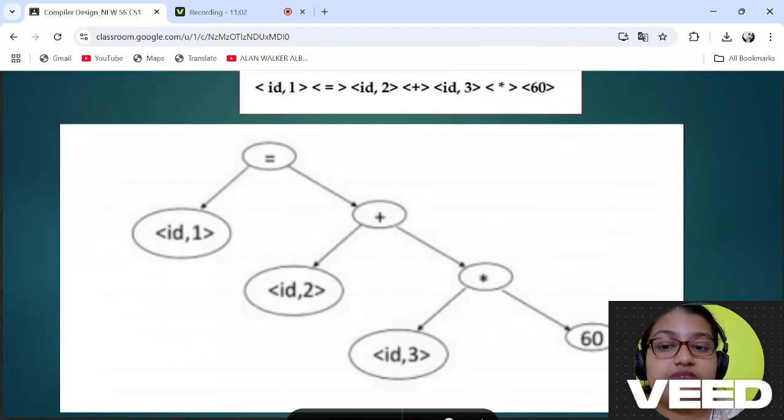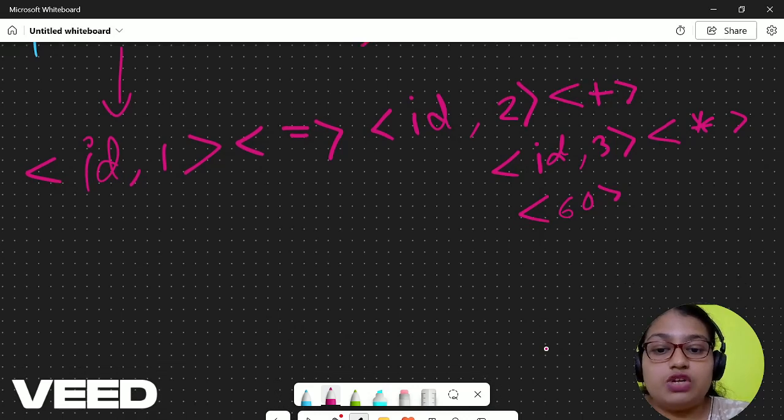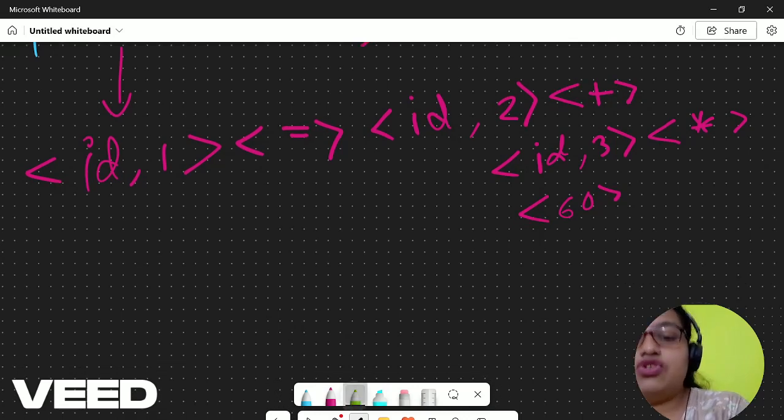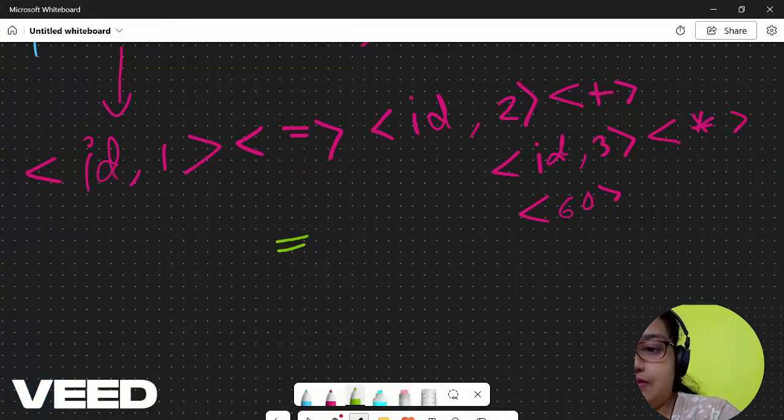So how will we get it? Here we have id1 equal to plus and so on. I want to create a syntax tree. I have the equal to symbol, the assignment symbol, and I have to give it id1.